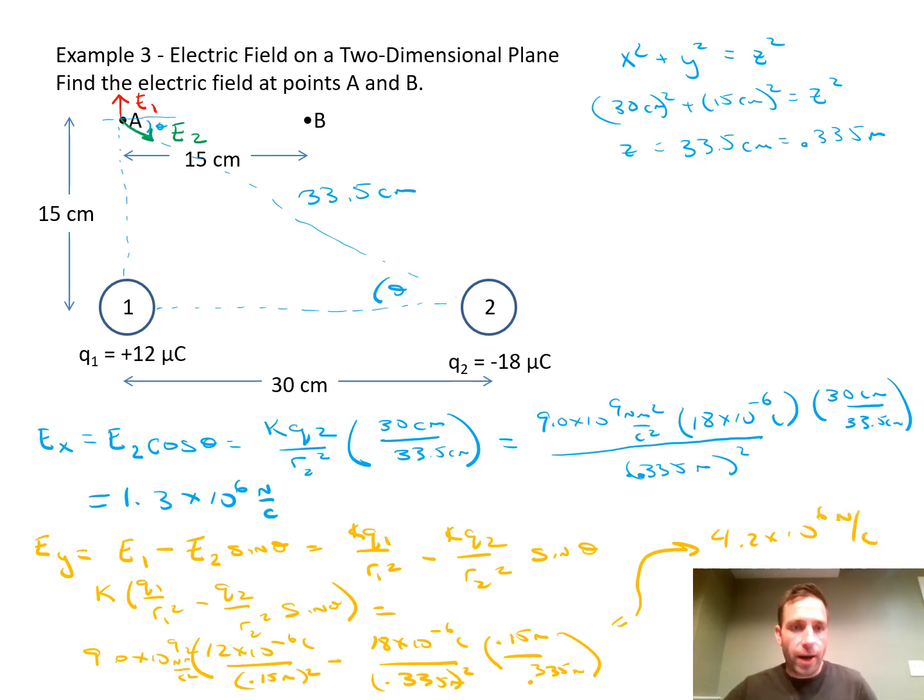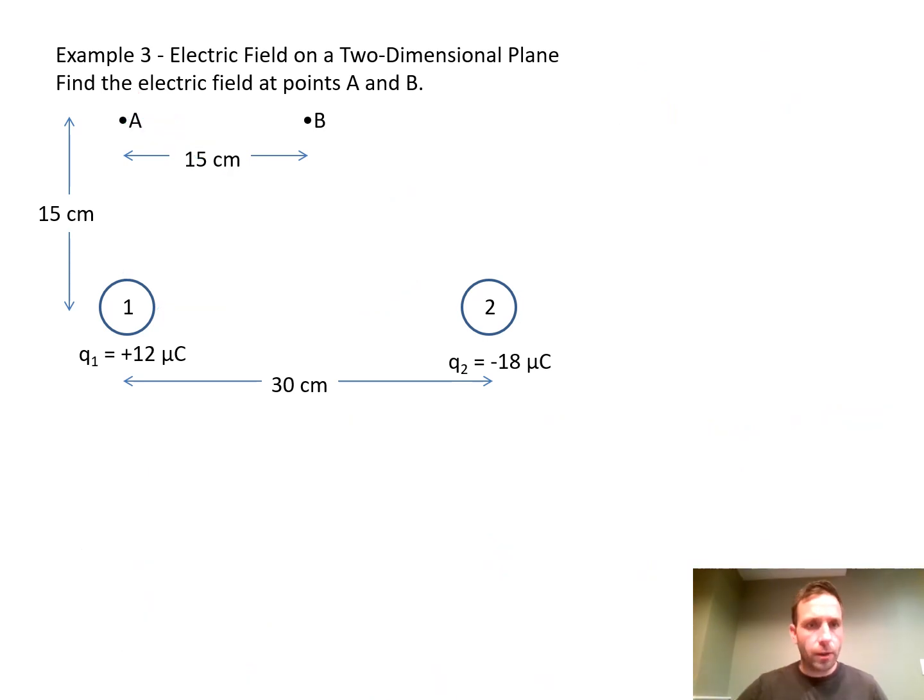So here we have our x component and our y component of our electric field. We have to find the resultant of those two components. From the last slide, we saw that the x component of the electric field was 1.3 times 10 to the 6 newtons per coulomb, and the y component was 4.2 times 10 to the 6 newtons per coulomb.